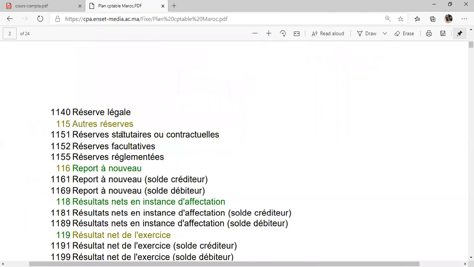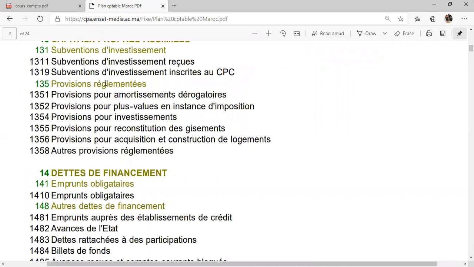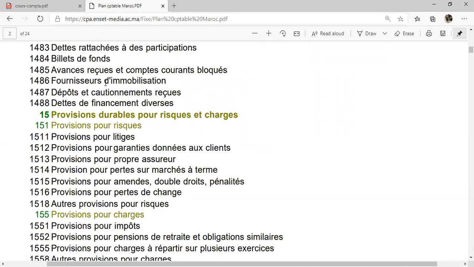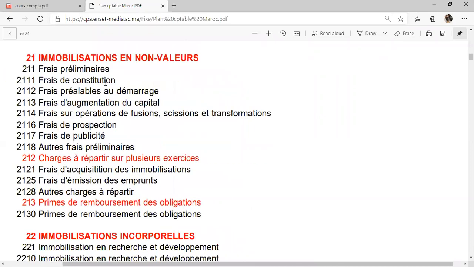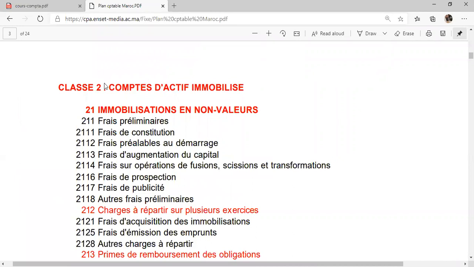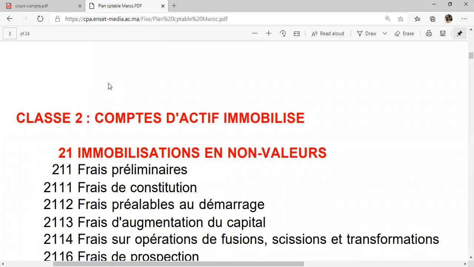This principle goes on to the end. So we were dealing with class 1. Let's go on to class 2. For class 2, the mass would be compte actif immobilisé, and the rubrique would be immobilisation en non-valeur, the first rubrique.